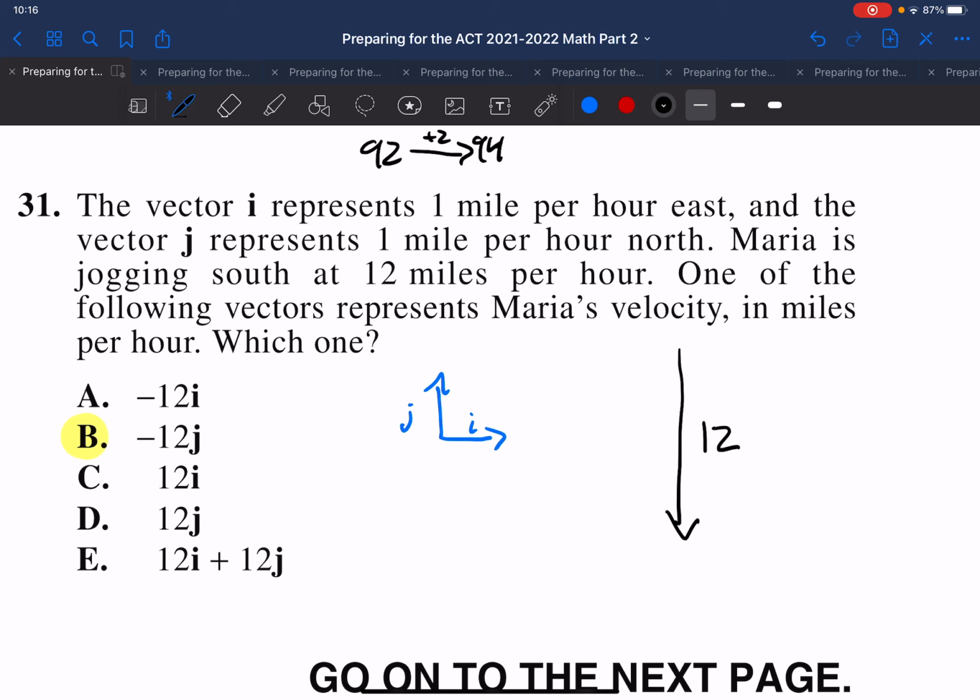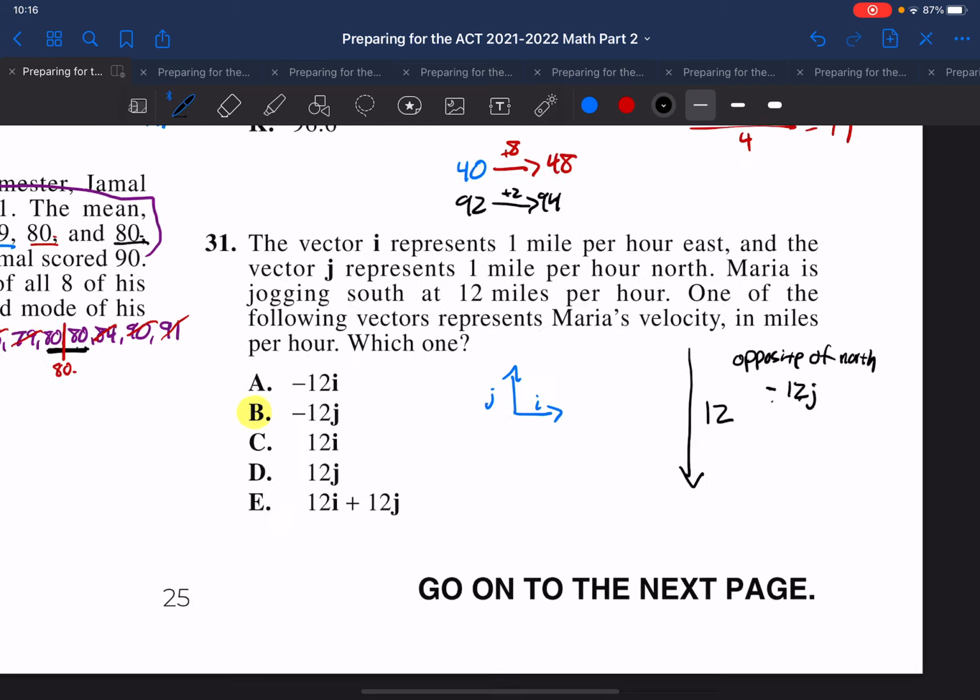Well, this is going in the opposite direction of north. So because it's opposite, it's negative 12j. Because it's 12 times as big, but it's going in the opposite direction. So that's why the answer is letter B.